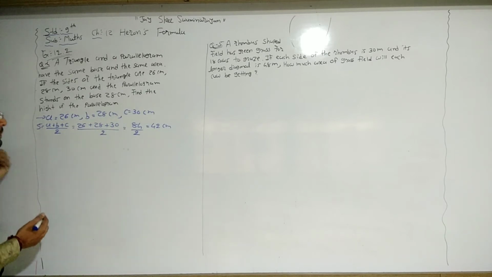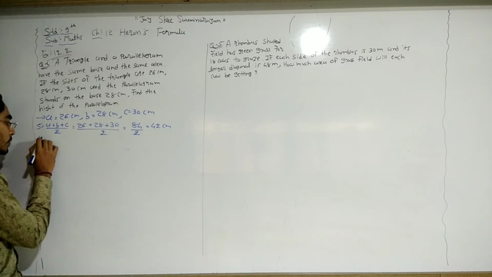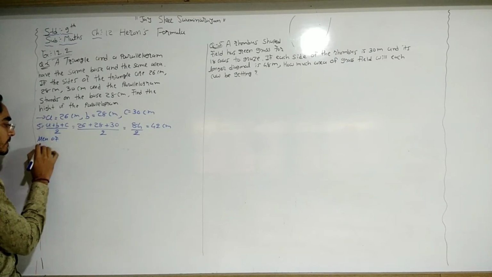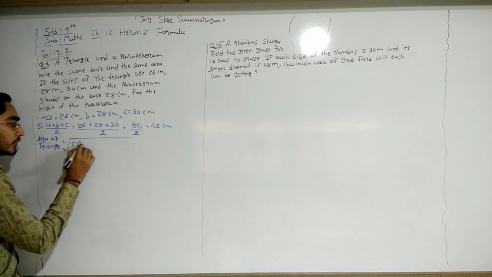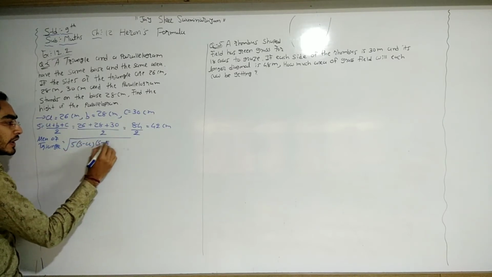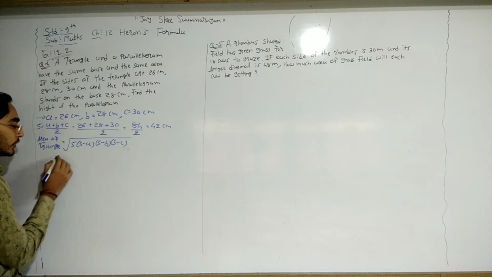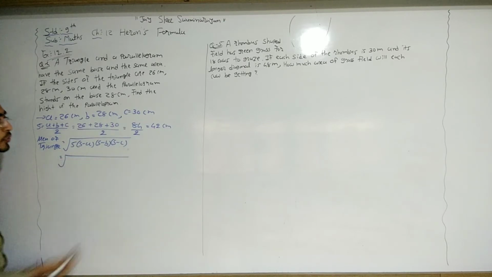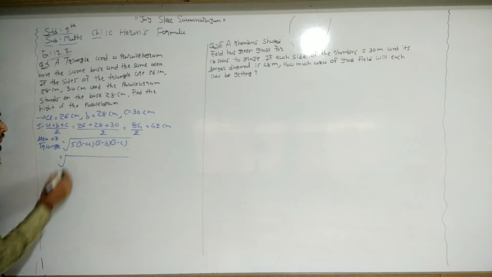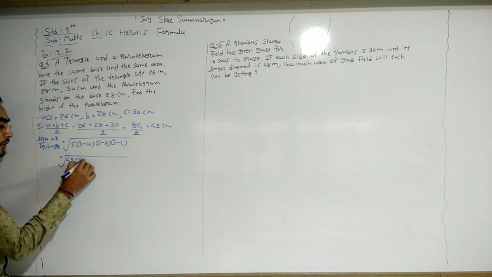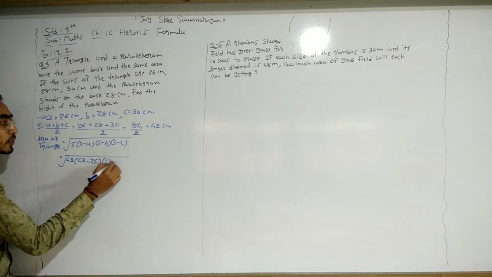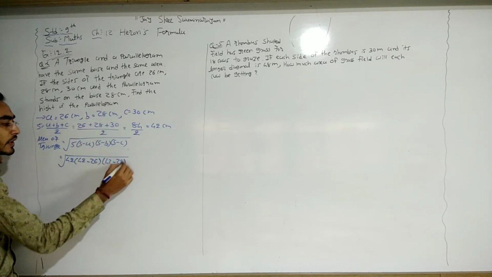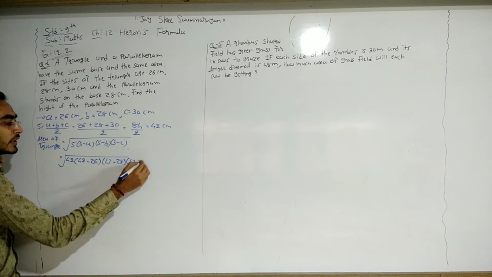Now Heron's formula, area of triangle is equal to under root S minus A, S minus B, S minus C. Now put all the values here. So S is 42, minus A 26, 42 minus B 28, and 42 minus C 30.